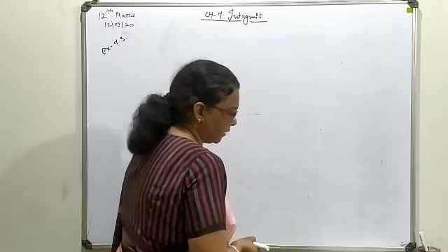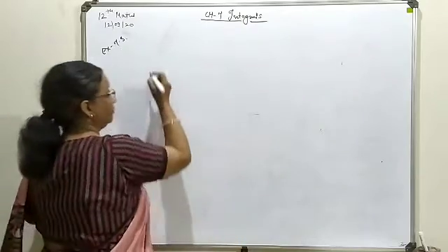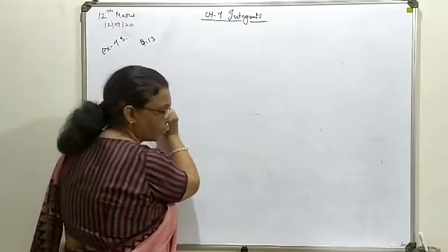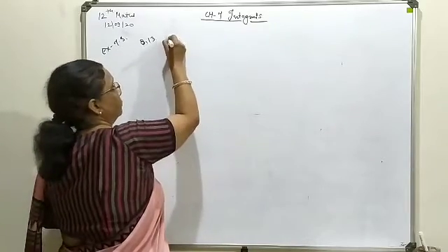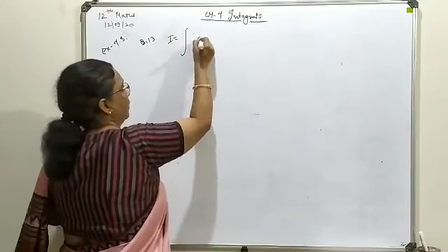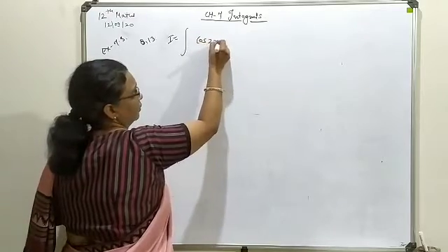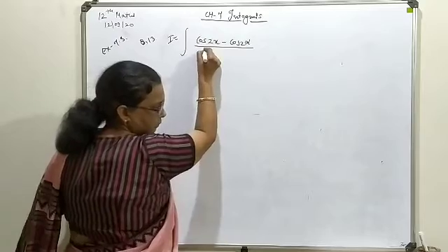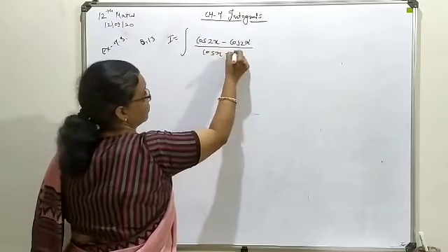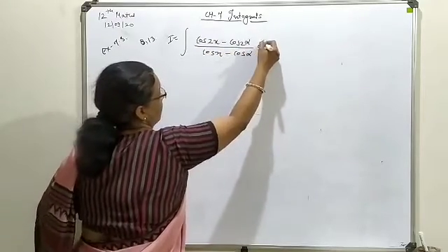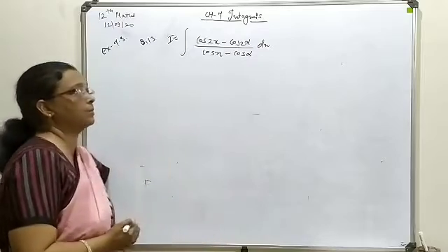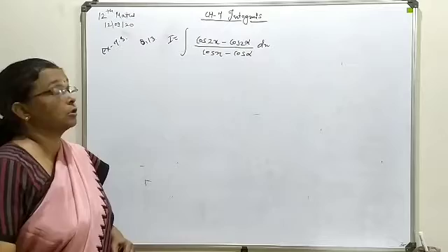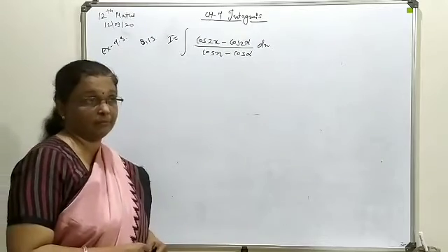Now we are having the next category, question number 13, in which your question is available with this combination: cos of 2x minus cos of 2 alpha upon cos of x minus cos of alpha.